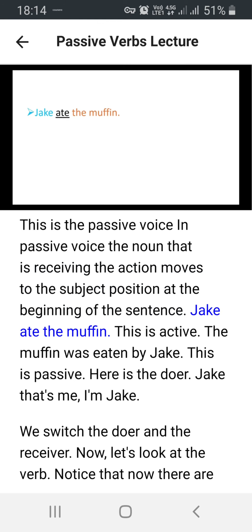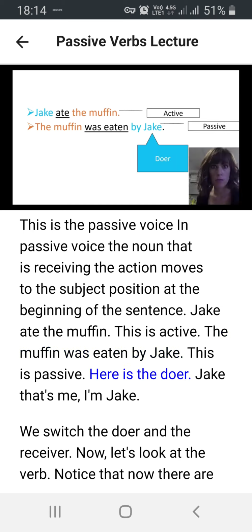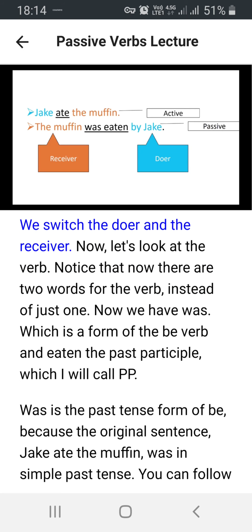Jake ate the muffin. This is active. The muffin was eaten by Jake. This is passive. Here's the doer. Jake. That's me. I'm Jake. We've switched the doer and the receiver.